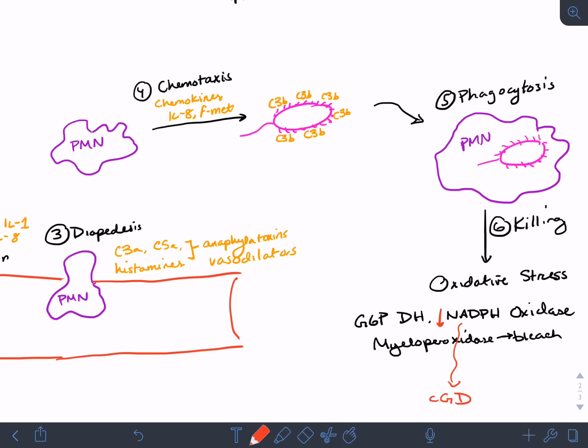So if you do not have a functional NADPH oxidase, then chronic granulomatous disease is going to present, and any kind of basic bacterial infection that you get can be potentially life-threatening because you do not have a strong enough innate immune response to kill them.